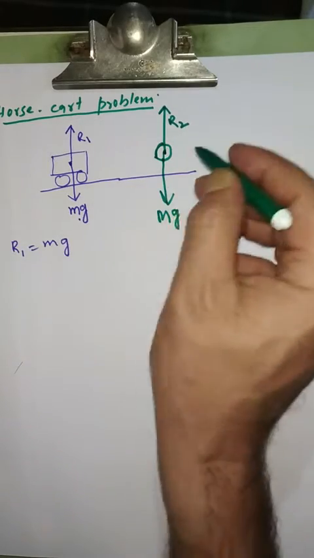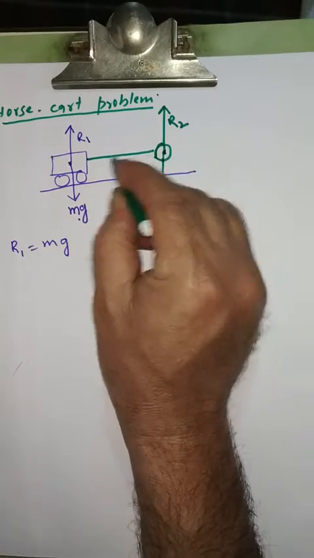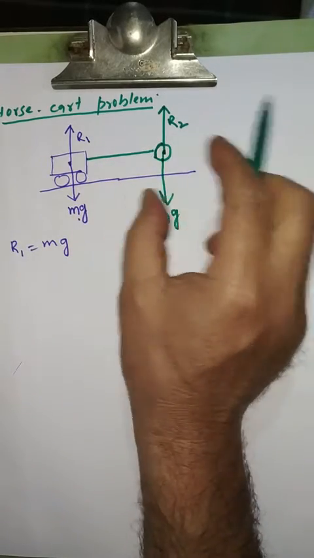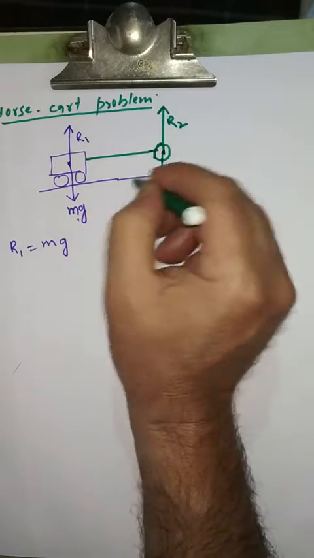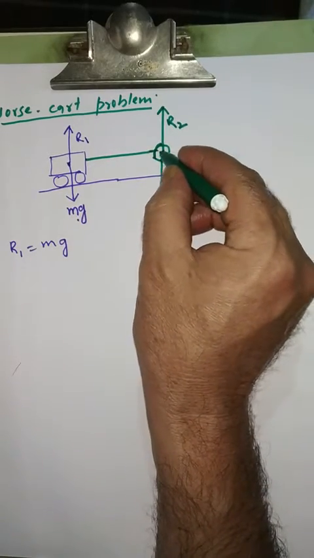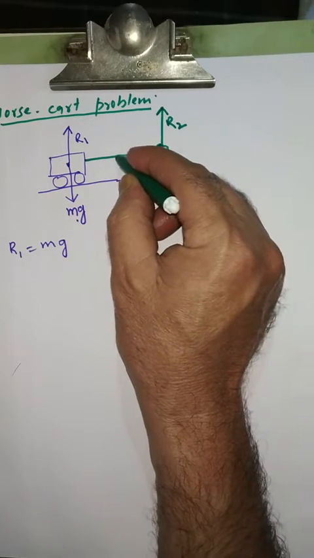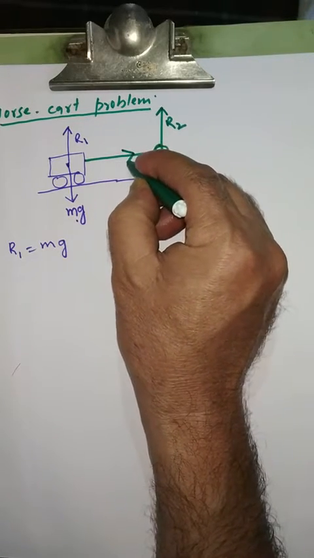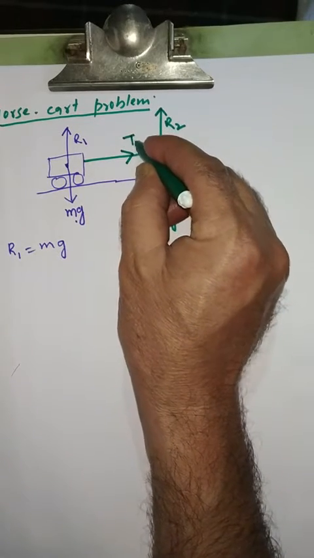Now this horse is attached to the cart through a rein. हाँ? Attach होता है इसके साथ. Now when the horse pulls this cart, there's a tension in this direction, let us say that is T1.